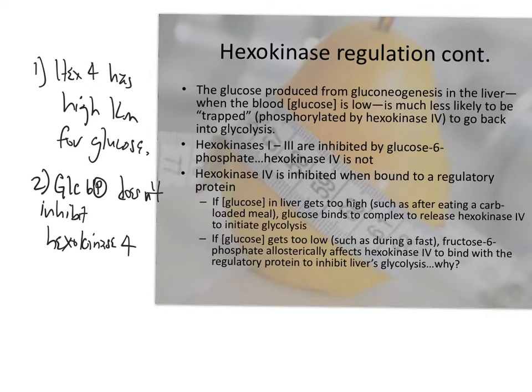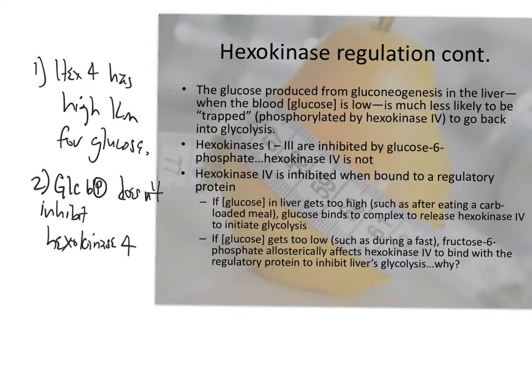That should also make sense, because for the muscles and the other tissues, where does glucose 6-phosphate come from? Right, but what step of glycolysis? The first step is catalyzed by what enzyme? Hexokinase. So if you've got a lot of glucose 6-phosphate around, that means you have plenty of energy.